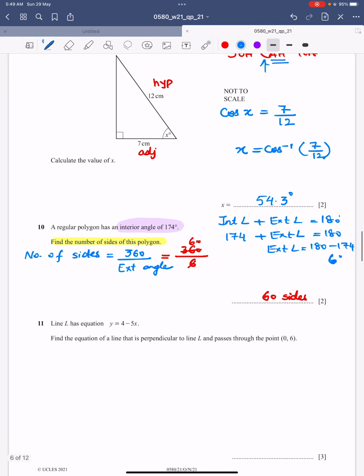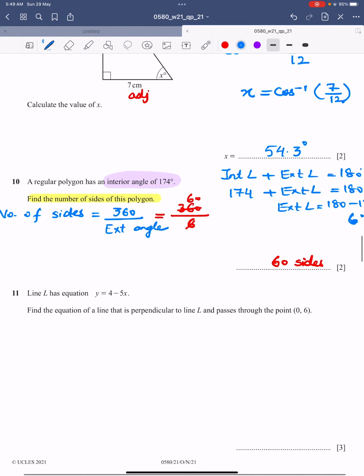Line L has equation y is equal to 4 minus 5x. Now before we move on with the question, the general form of the equation of a line is y is equal to mx plus c, where m is the gradient and c is the y-intercept.